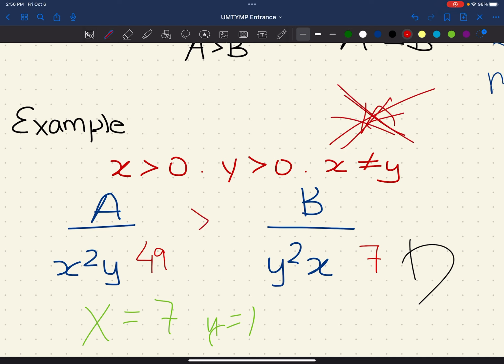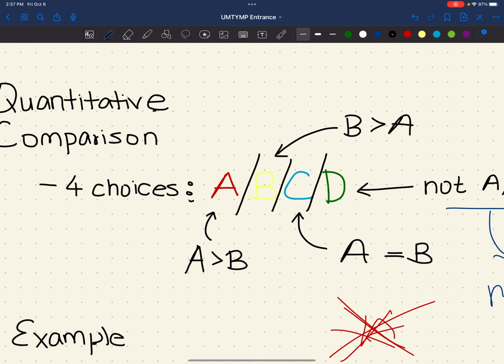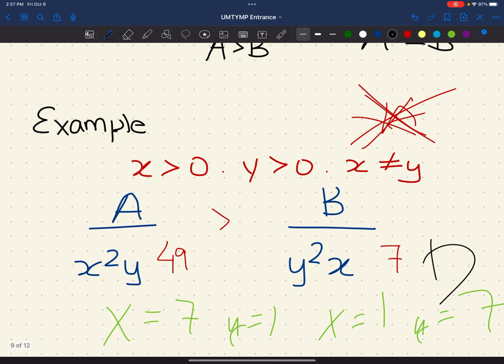No. You want to do it more than once. Forgive me for that goofy voice, but all right. So if we let x equal 1 and y equal 7, then what happens? Here it would equal 7, and over here, y squared times x will equal 49.